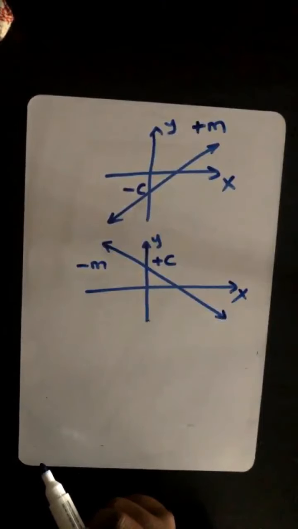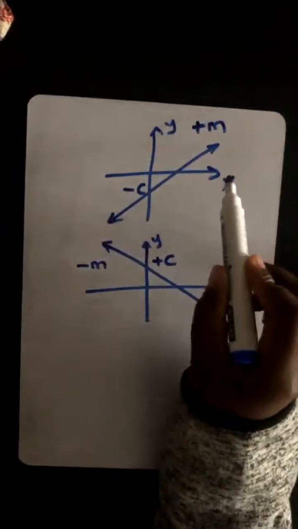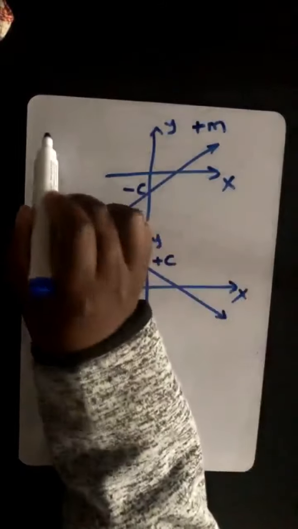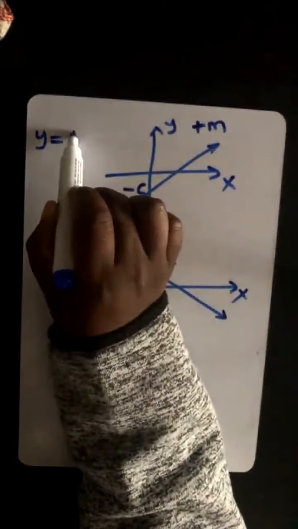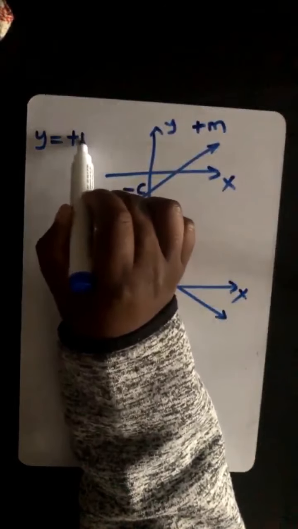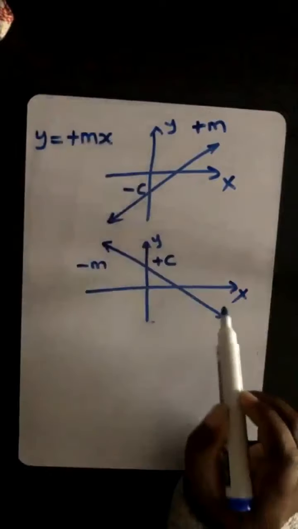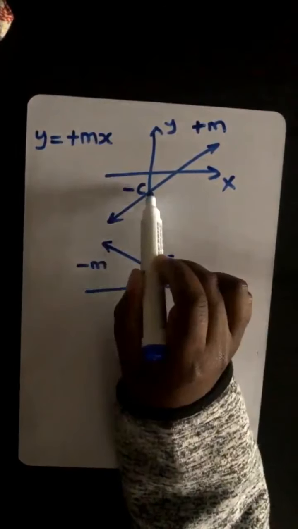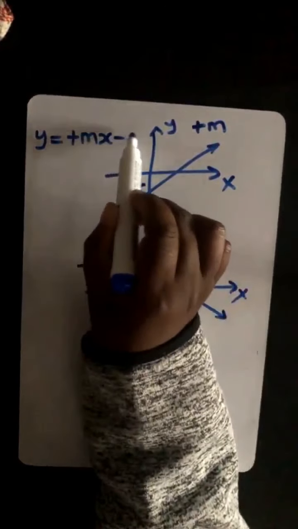So, as an example, for that straight line, if you had to have a formula, it was going to be y equals, with a positive gradient. For example, it could be positive 2 or whatever number. Let me just say positive m x. Then in terms of the c value, because it's at the bottom of that origin, it's going to be a negative c value.